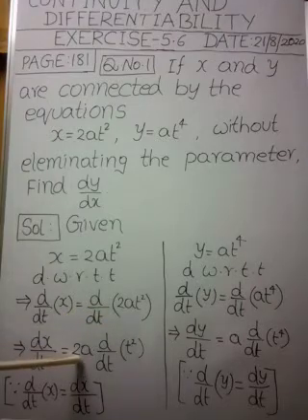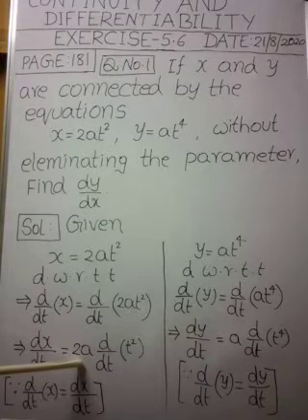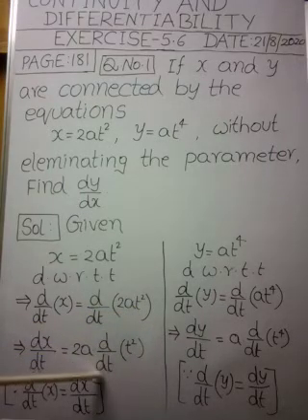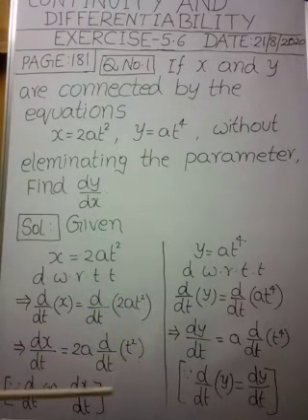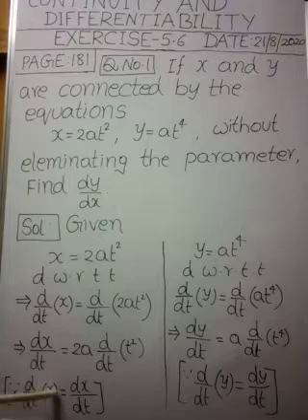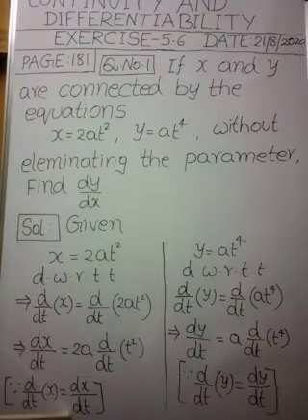So I wrote 2a before the differential operator. Then what is left here? t². So d/dt of t². Understood this step? Right. I wrote the reason also, because d/dt of x is equal to dx/dt.